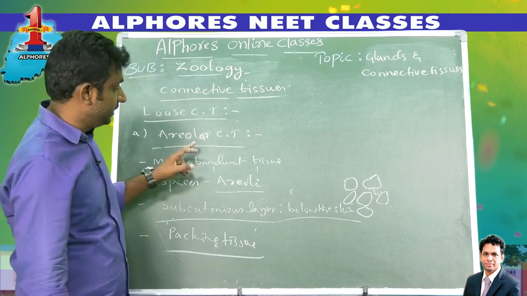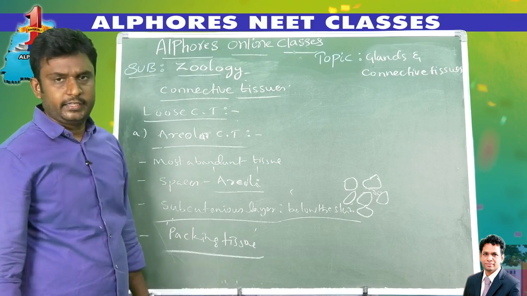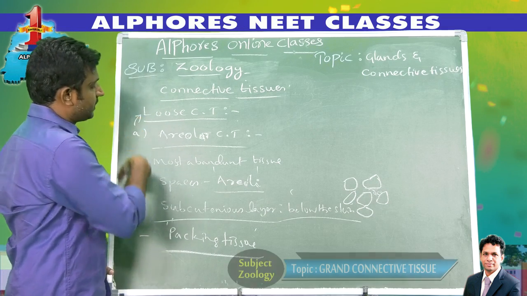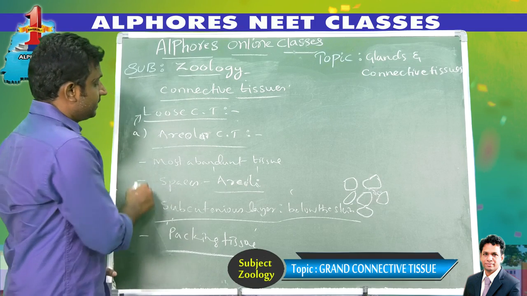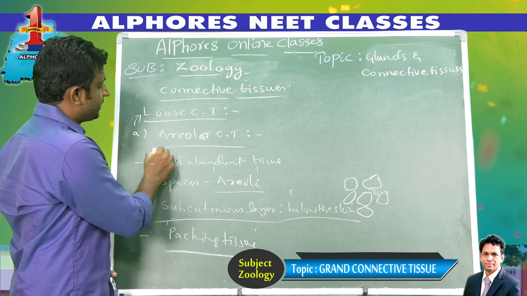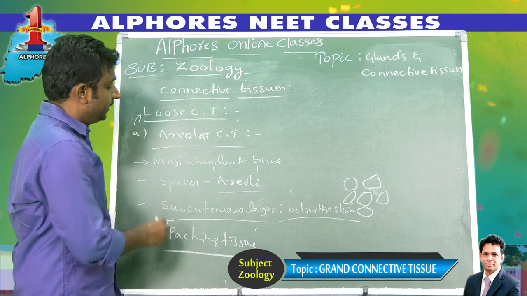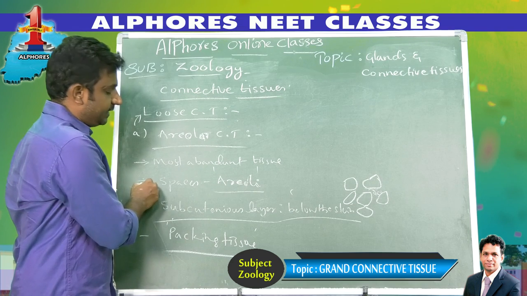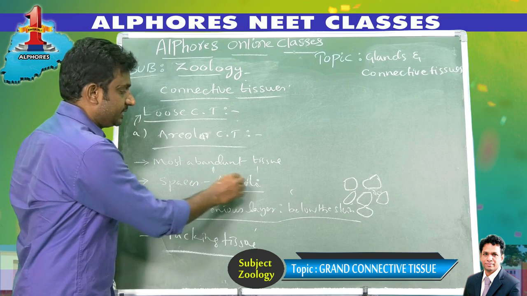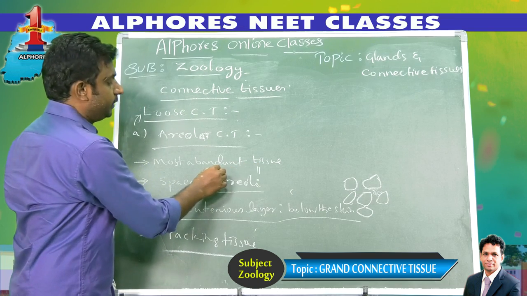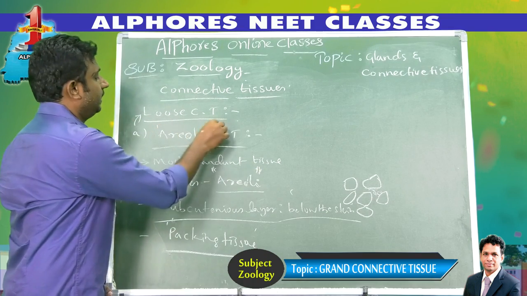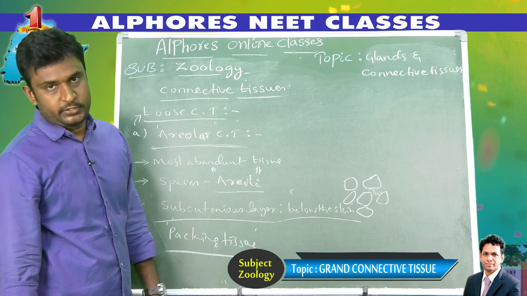General structure of the areolar connective tissue: it is a type of loose connective tissue and it is the most abundant tissue, so more tissue in our body is areolar connective tissue. Some spaces are present between the cells. These spaces are called areoli, and due to their presence it is called areolar connective tissue.